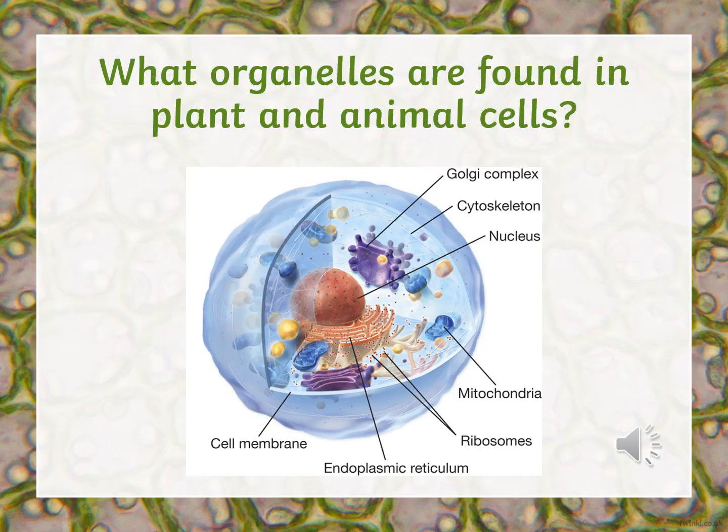This is the diagram of the Golgi bodies in the plant and animal cell. This is the Golgi complex. This is the cell membrane, the endoplasmic reticulum, ribosomes, mitochondria, and nucleus.